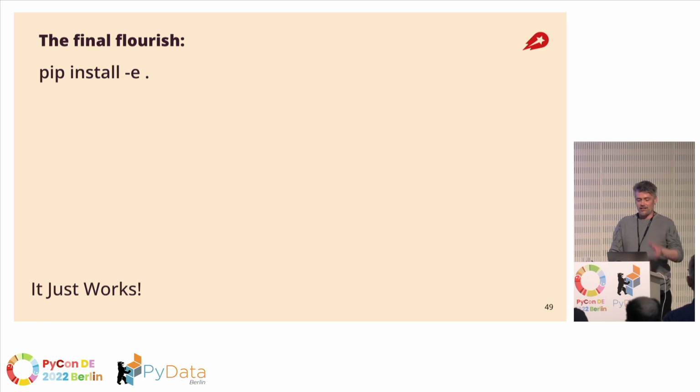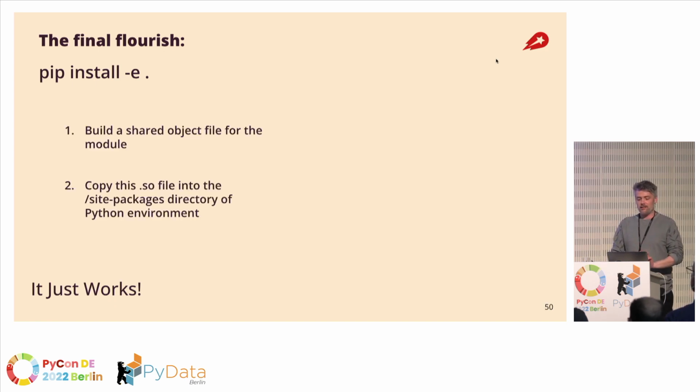What that's actually doing is two things. It's building a shared object file for the module, which is a binary file that Python can understand, and it copies this shared object file into the site-packages directory of the Python environment. And then you would be able to import that and assert that indeed the load function returns 1.